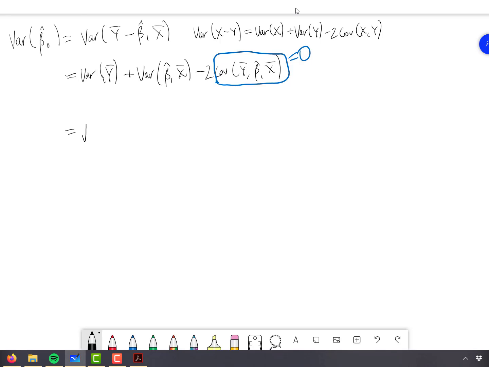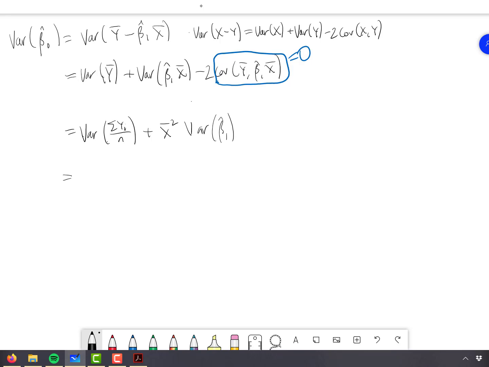And so the first thing that might be useful is to rewrite the variance of y bar as the variance of the sum of our yi's over n. And then in the case of the variance of beta hat 1 x bar, we can note that x bar is a constant, so we can factor that out and square it. And then what we have here is x bar squared times the variance of beta hat 1, which we just solved for on our previous slide.